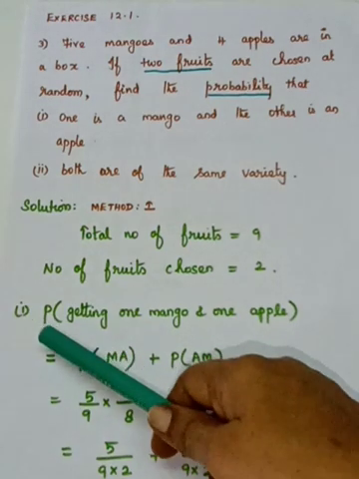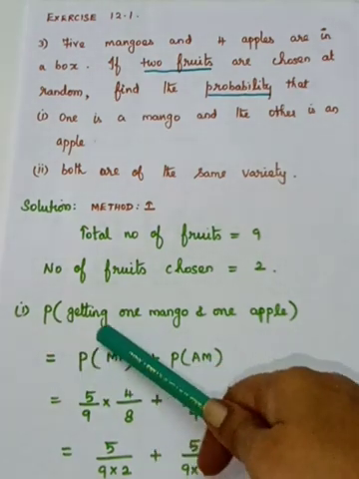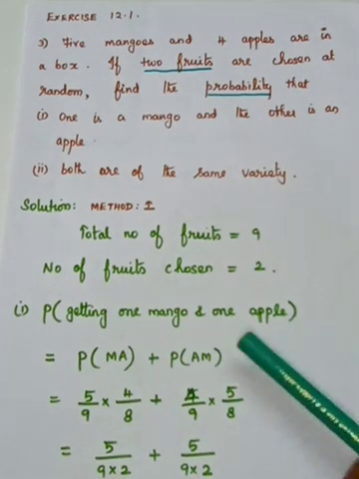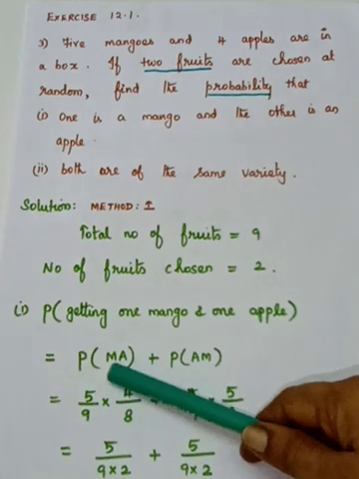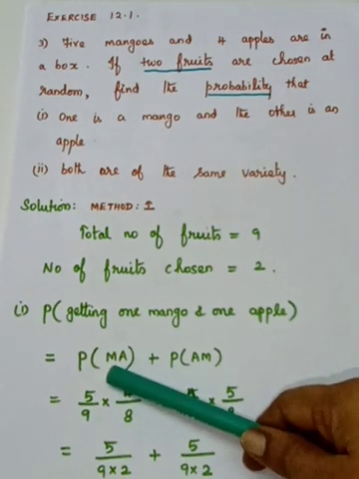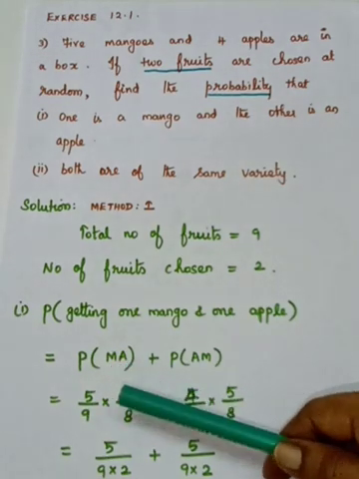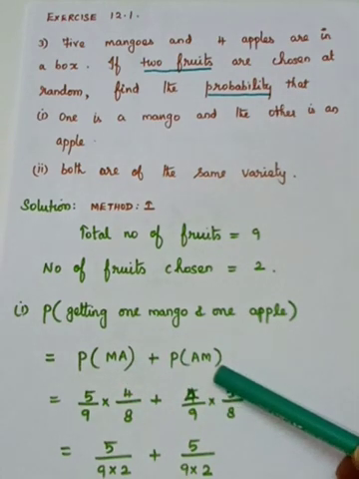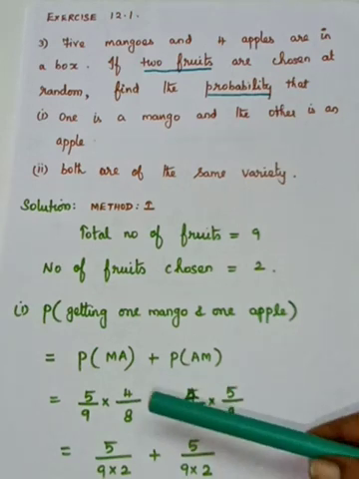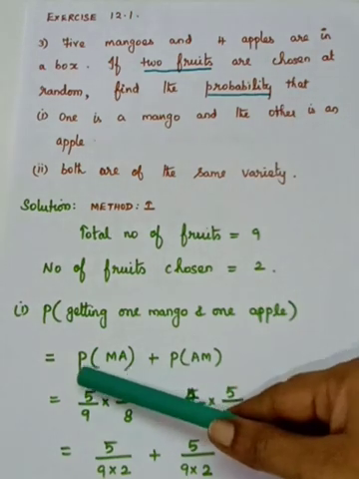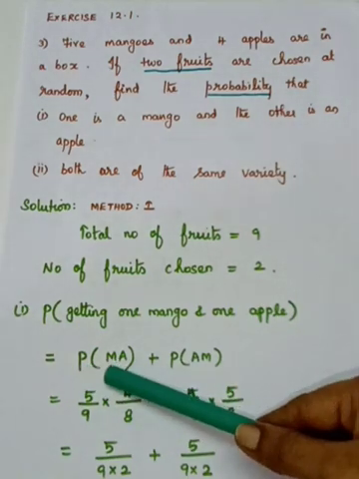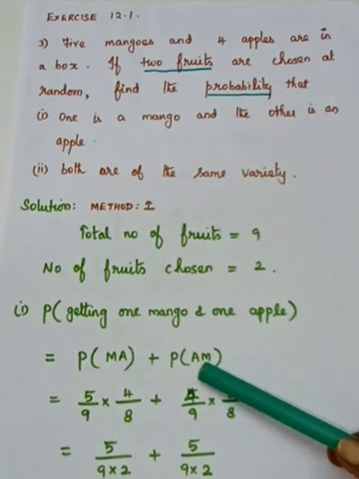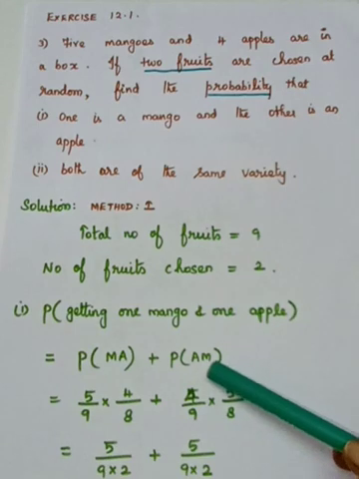So, we are going to find the probability of getting 1 mango and 1 apple. So, the possibility: the first fruit may be mango and the second one an apple, or another possibility, the first fruit is an apple and the second fruit is a mango. There are 2 possibilities. So, here I am going to find the probability of getting mango first and then apple, plus the probability of apple and then mango.